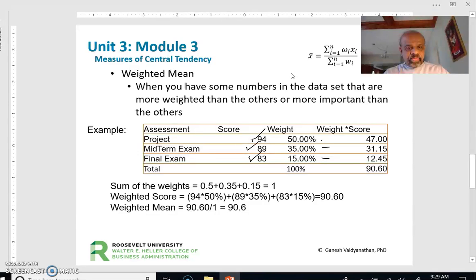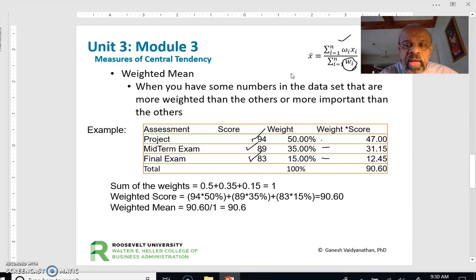First of all, what we need to do is to multiply the score and the weight, and then use that as my number for the sigma. That's what I'm doing here. Here I am doing the weight times the scores that I have, over the total weights we had.